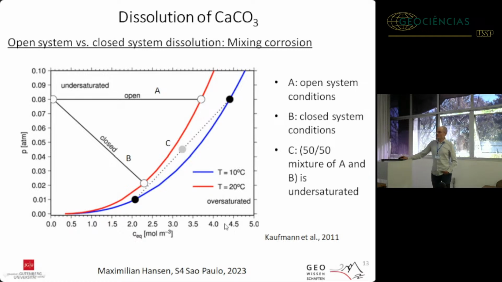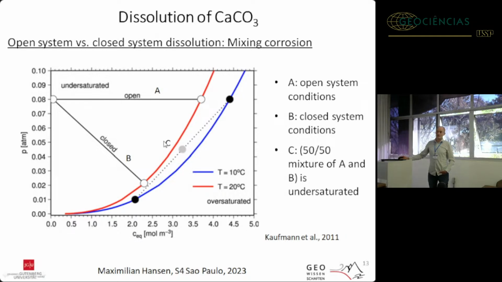4.5 moles per cubic meter, whereas the CO2 in the closed system is consumed constantly, and you end up with a much lower concentration. If you had a stream or a fissure or crack which comes together above the cave, and you had a mixture of both solutions, the open system solution and the closed system solution, and you mixed them 50-50, you would end up with a solution which is then again undersaturated.